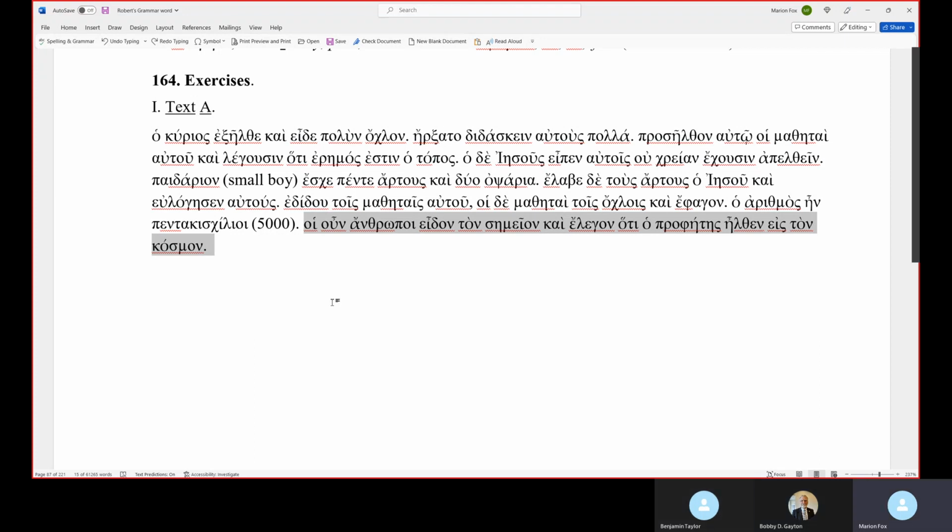All right. Now we get Benjamin. We throw him to the wolves. That was a long one. Oi oun anthropoi idon ton semeion kai elegon hoti ho prophetes elthen eis ton kosmon.